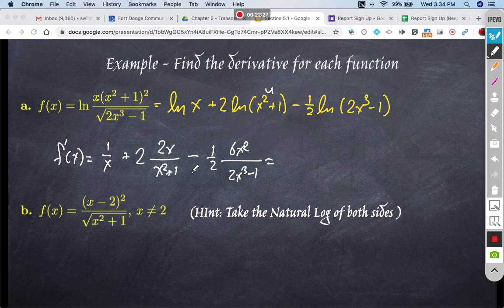And we can clean that up maybe a little bit. I got 1 over x plus 4x over x squared plus 1 minus 3x squared over 2x cubed minus 1.